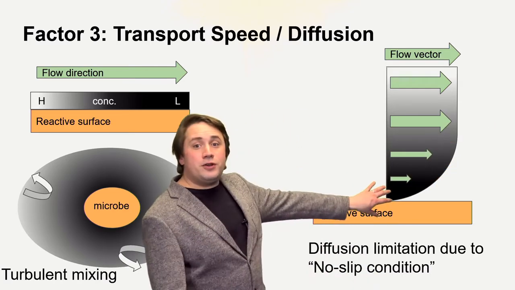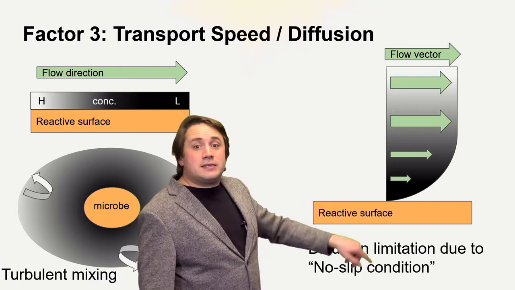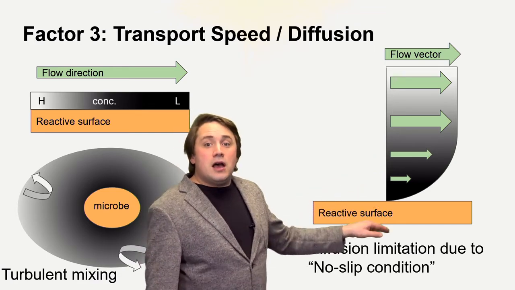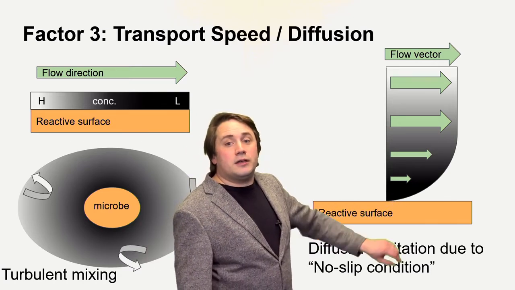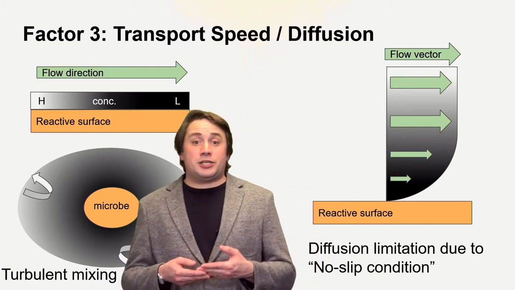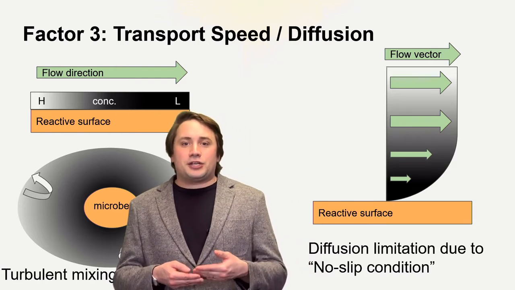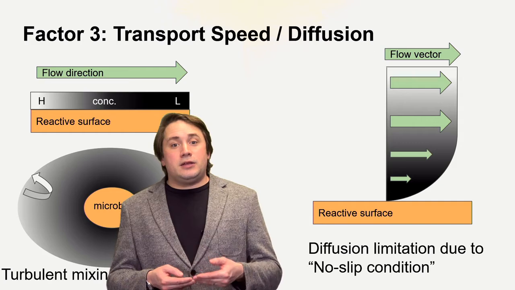And so because you have no flow here at this exact interface, the only way that molecules can move to or from the surface of a solid is by diffusion. So you can actually have diffusion limitation. So there's no advection, but there's still diffusion occurring in the system. And you can actually have diffusion limitation that controls the rate of reaction.